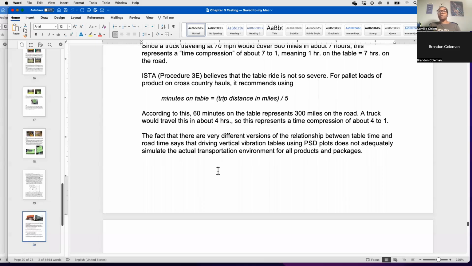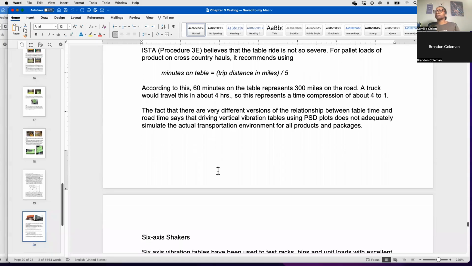Then try to make your lab testing simulate that as much as possible, and then design to failure, to get your packaging design so you don't have failure. And then from there, test it again through the real distribution route before you approve it.